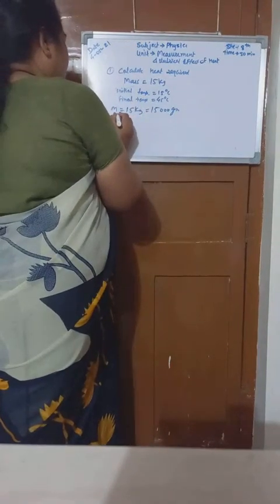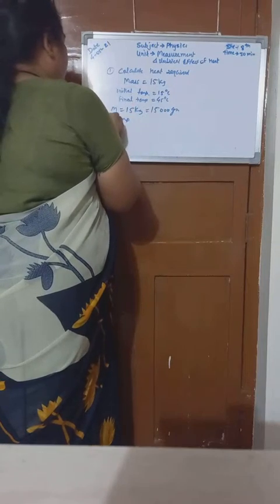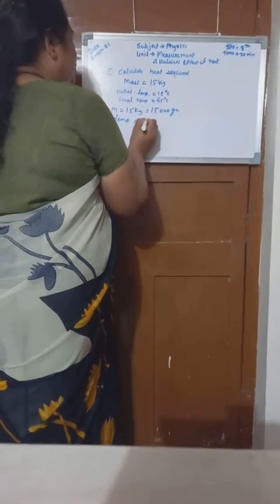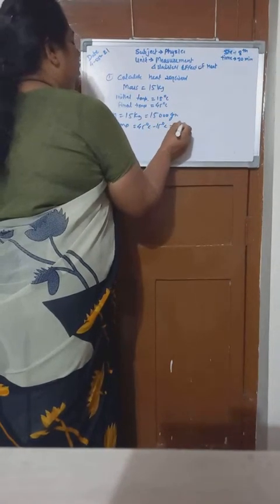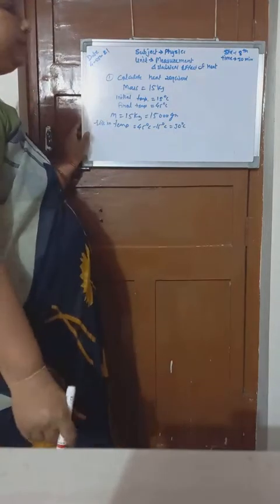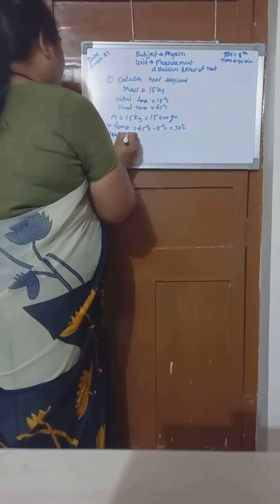Then rising temperature is equal to 45 degrees centigrade minus 15 degrees centigrade is equal to 30 degrees centigrade. Okay, then we have to calculate heat required.